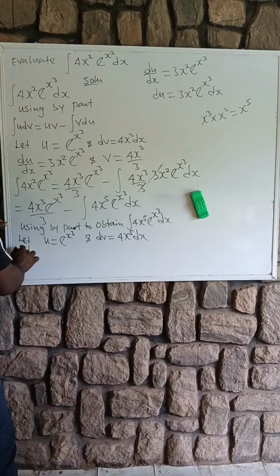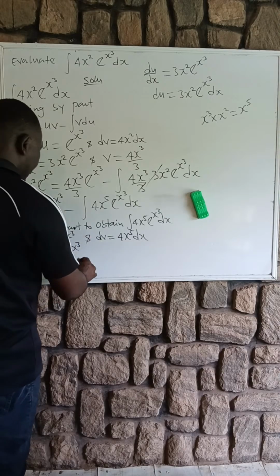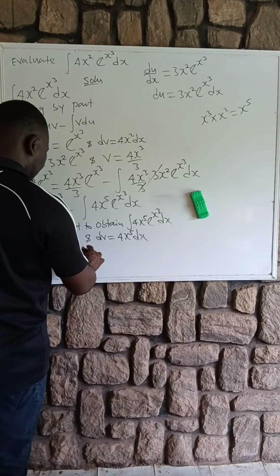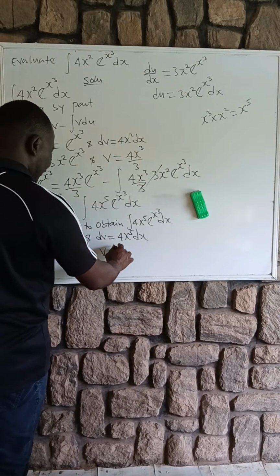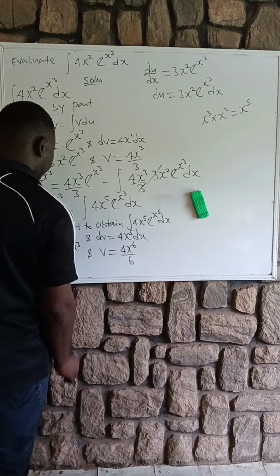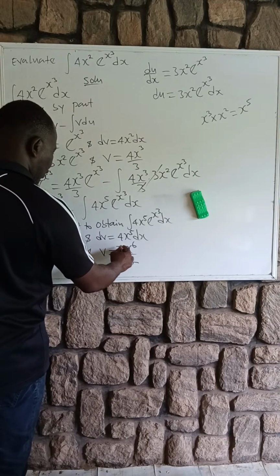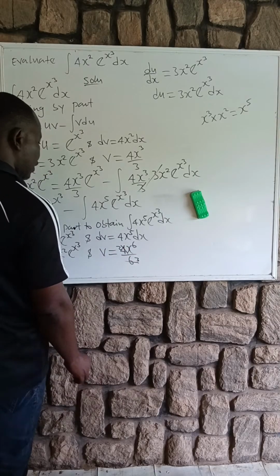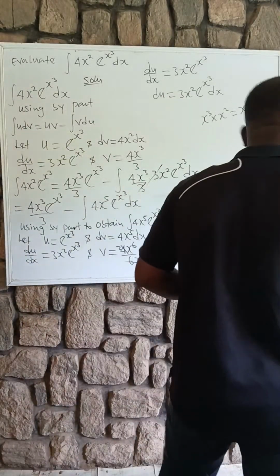So when we differentiate u with respect to x, it gives us 3x squared exponential x raised to the power 3. Then on the ordinary v, if you integrate both sides, you have 4x raised to the power 6 all over 6. So this to this, that is 2, 2, 3. True or false? Okay? So I can clear here, right?